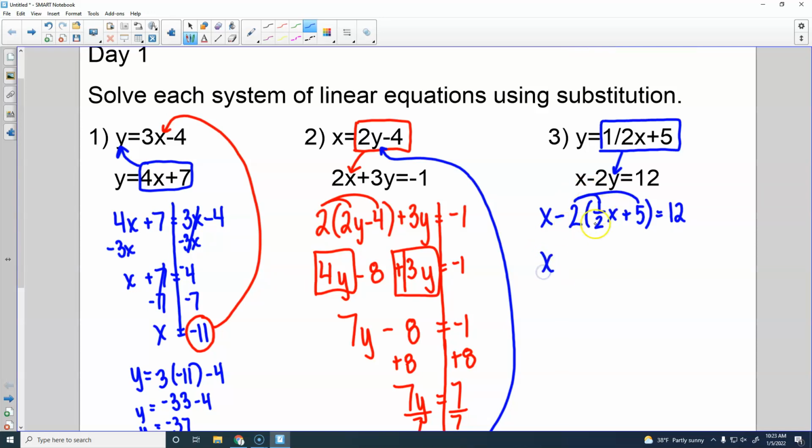When we distribute, what are we going to get, Peyton? Whenever we multiply, we're doing 2 over 1 times 1 over 2. Right, just straight across, so you get 2 over 2, which is just 1. It's going to be negative because you're taking that negative with it, so negative 1x, and then negative 2 times 5 is going to give us negative 10.